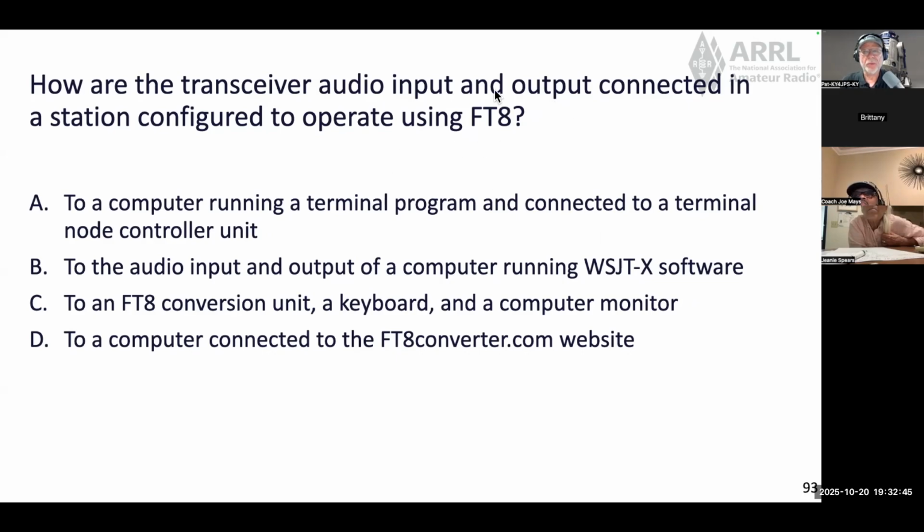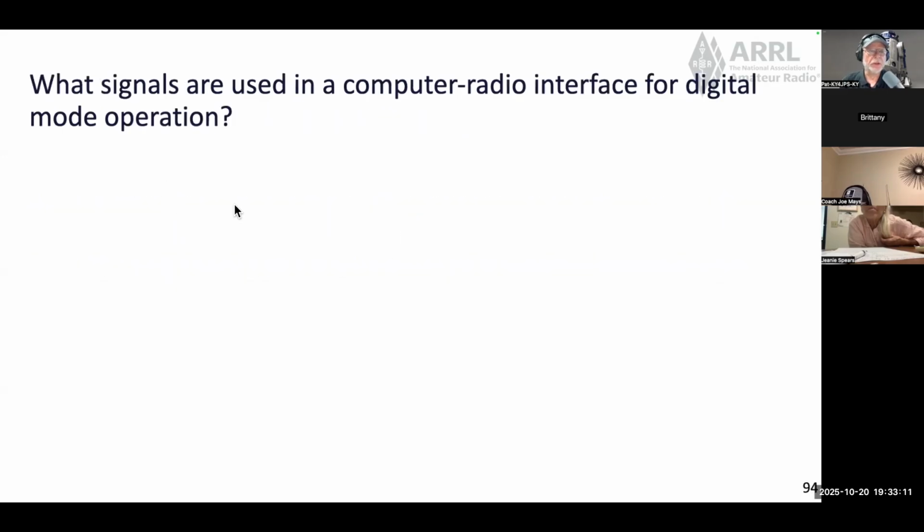Well, remember we were talking about a digital mode and it's between the computer and radio. So the only one that really makes sense to me is B, and I hope that's right. And it is to the audio input and output of the computer running that software. So that's how you connect your radio to the computer running the WSJT-X software. You're going to have audio output and input. And usually that's through the built-in modem on the computer.